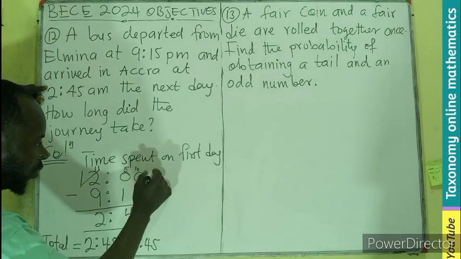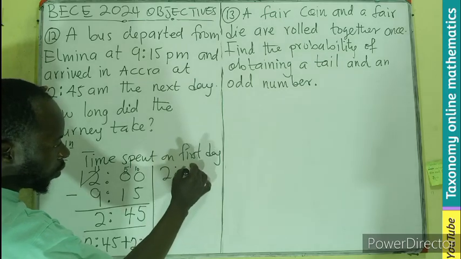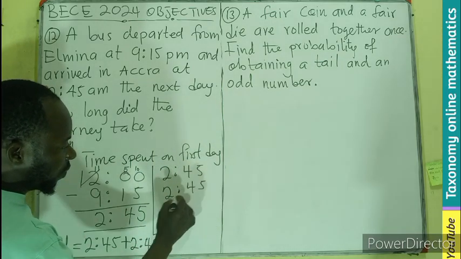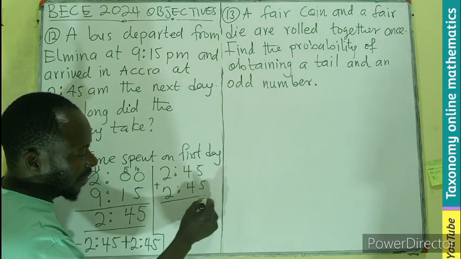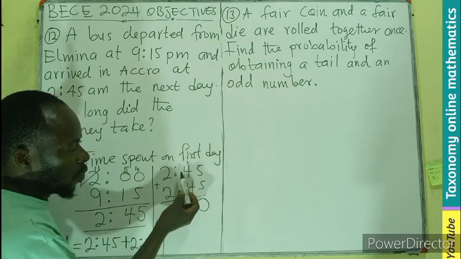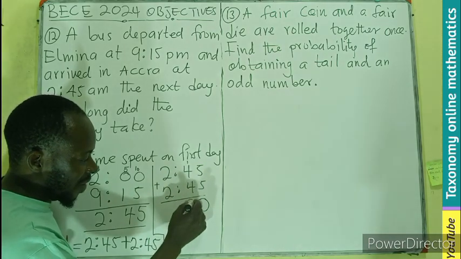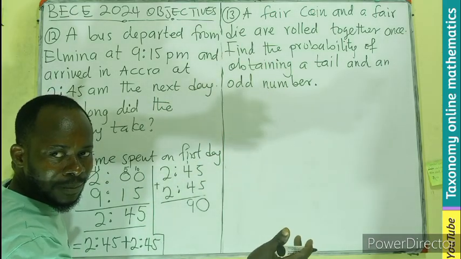So 2 hours, we are going to have that as 2:45 to 45. So 5 plus 5, in this case, will give us 10. So let's write a 0, carry 1. 1 plus 4 plus 4, that will be 9. So if I write a 9 here, I'll be dealing with 90 minutes.